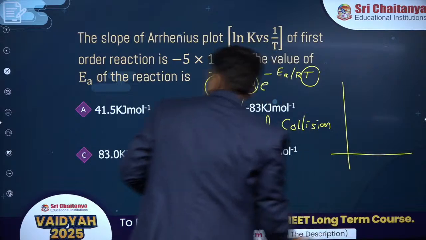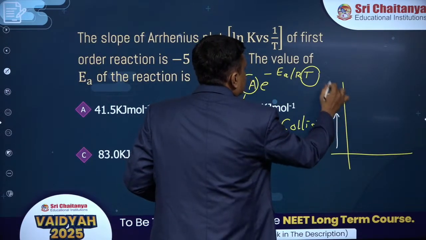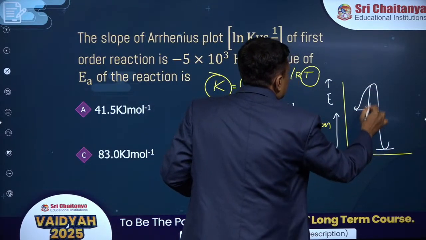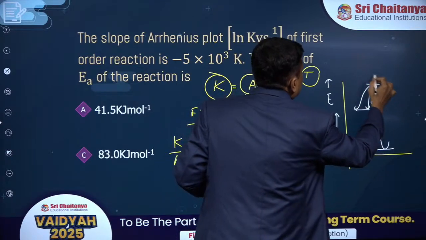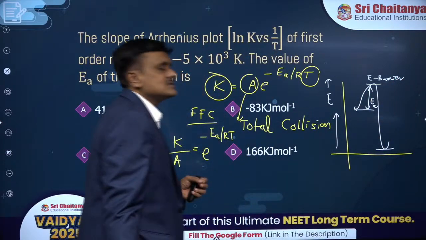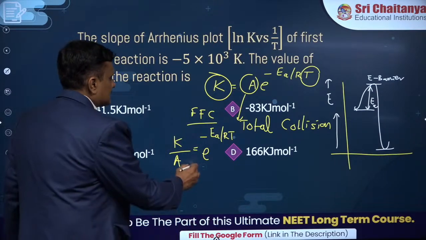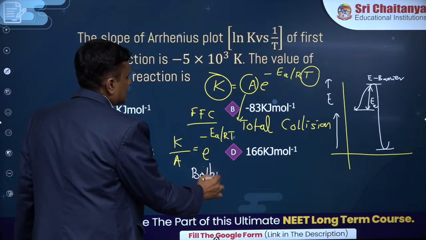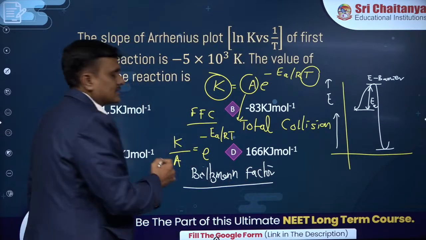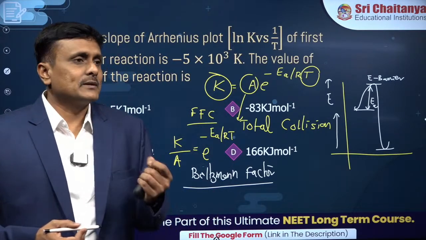You have studied the energy graph: this is the activation energy and this is the energy barrier. So what fraction of molecules cross the energy barrier is calculated using this ratio, which is referred to as the Boltzmann factor. This is an area which is still untouched, so please be careful this year, aspirants. This is one important zone from where questions are or may be asked.